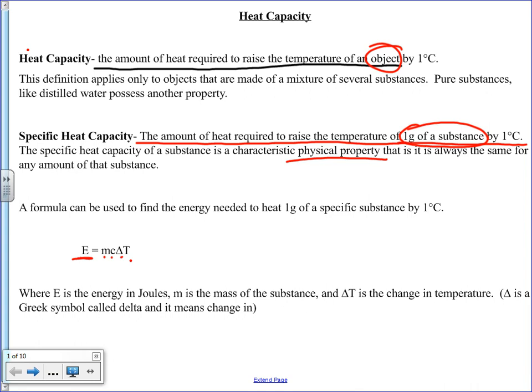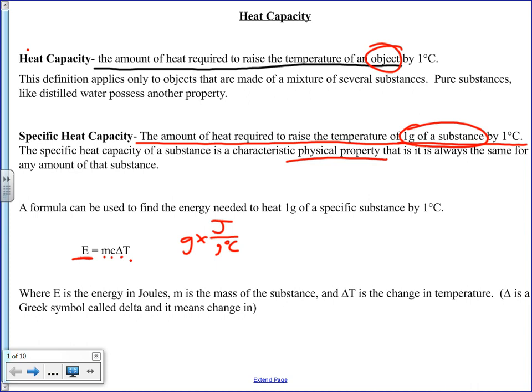Now let's just check our units here. What's the mass going to be measured in? Grams. Okay, so we're going to have grams, multiplied by specific heat capacity. Now, the units for specific heat capacity are joules per gram degree Celsius.